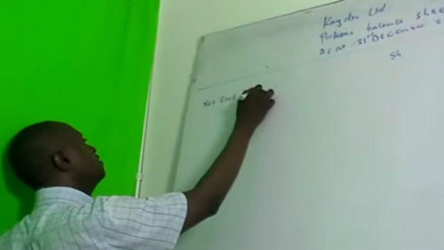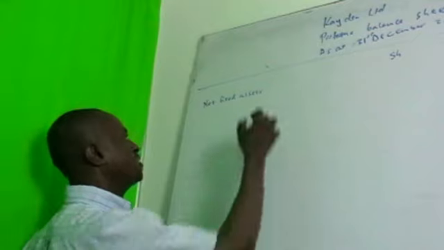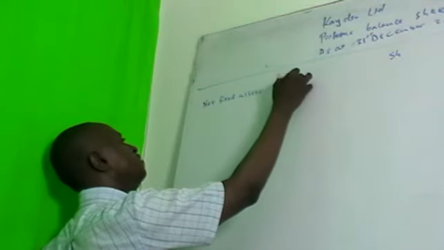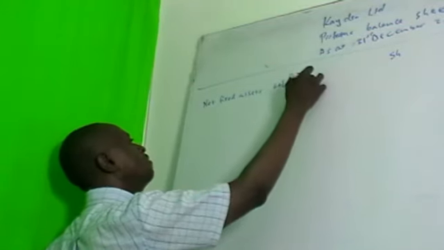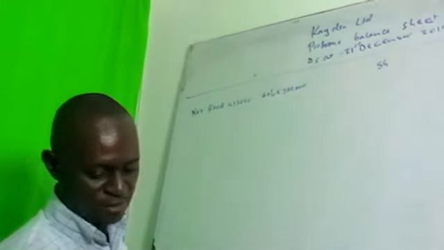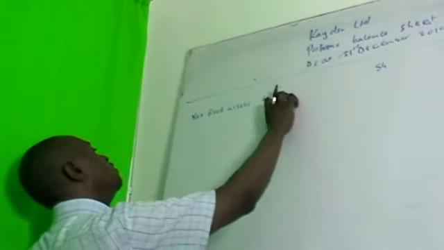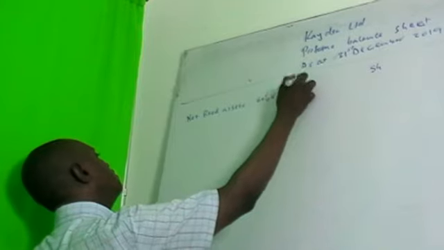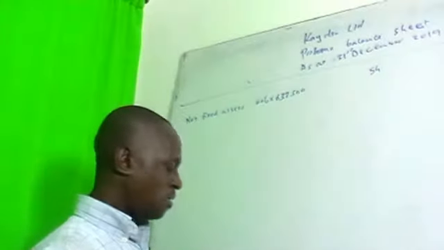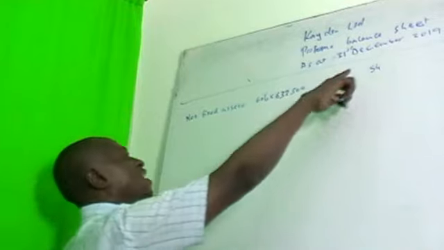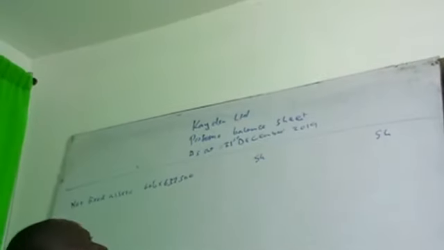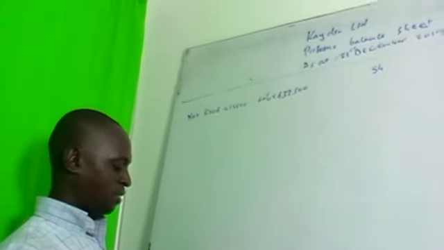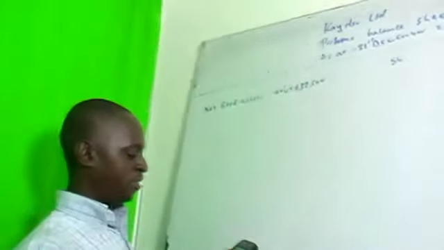So net fixed assets, this one was 60% times 632,500. 632,500 are the forecasted sales for the year 2019. So we have 0.6 times 632,500.